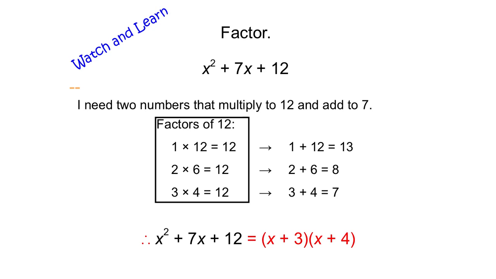And so that's it. I found what the factored form of my equation is. x squared plus 7x plus 12 is x plus 3 times x plus 4. I know I have 3 and 4 in the brackets because 3 times 4 is 12, and 3 plus 4 is 7. I found the two numbers that multiply to my constant, and add to my middle term.